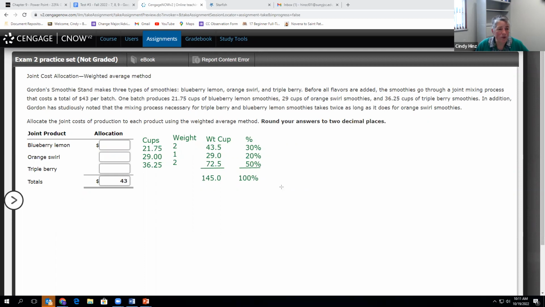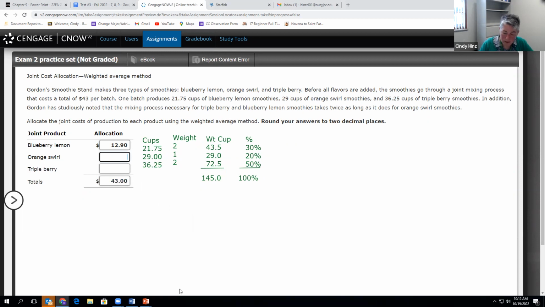Now we are ready to allocate those costs because we have our percentages. 30% of the total cost, 30% of the $43 is going to be allocated to blueberry lemon. 0.3 times $43, $12.90. It does tell us to round to 2 decimal places, and certainly that makes sense when we're working with dollars and cents.